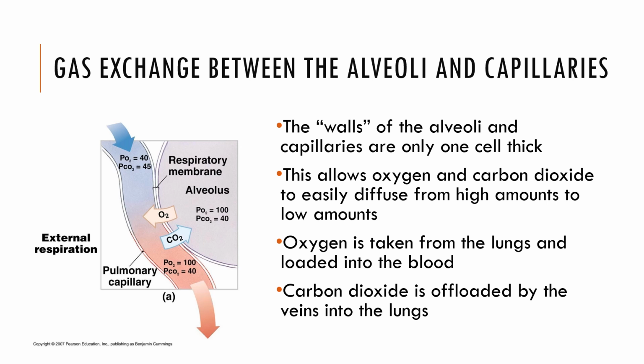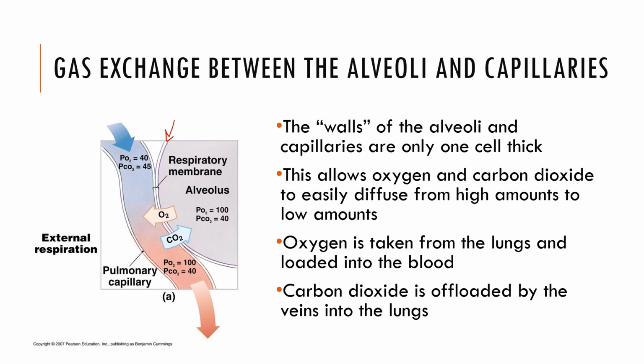But this is important at this very specific point because it allows easy transfer of the oxygen and the CO2 across that barrier. If this was many, many cells thick, it would be a very arduous, energy-demanding process to get the oxygen out of the lungs and the CO2 in.